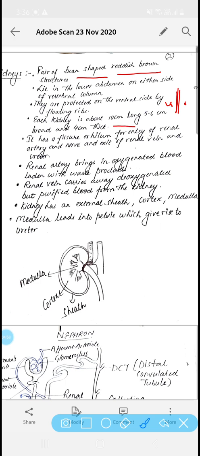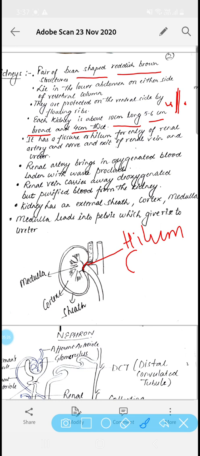Each kidney is about 10 centimeter long, 5 to 6 centimeter broad and 4 centimeter thick. Now it has a fissure. Fissure means a depression called the hilum region. This depression called the hilum region is for the entry of the renal artery, which takes blood in and out of the kidney.